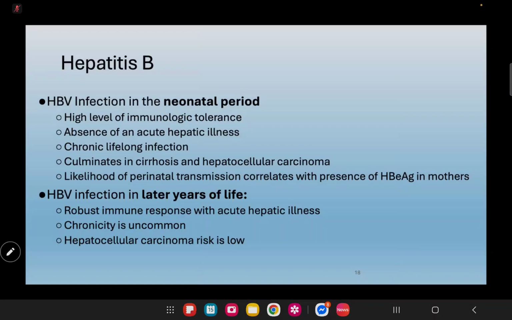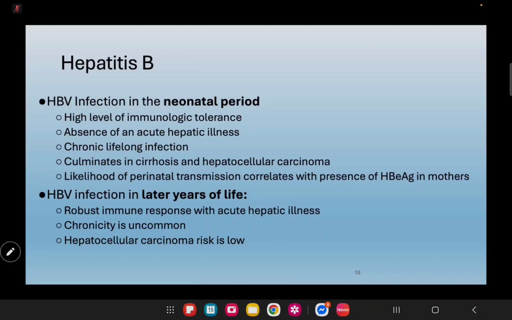So chronic infection acquired perinatally can eventually culminate in cirrhosis and hepatocellular carcinoma. The likelihood of perinatal transmission strongly correlates with the presence of hepatitis B envelope antigen in the mother.